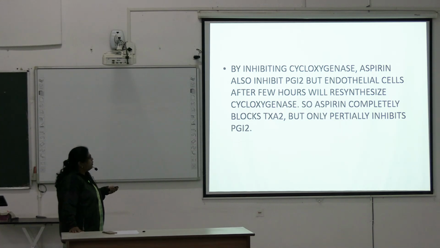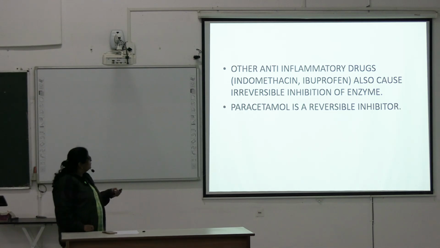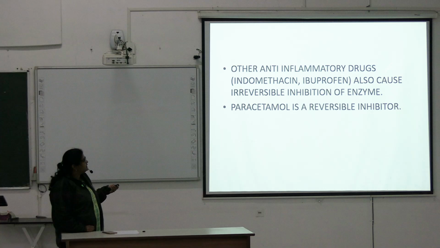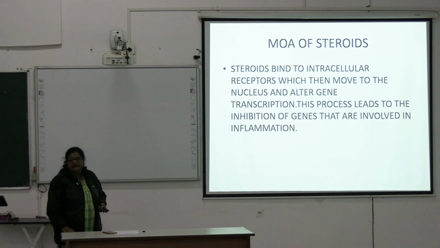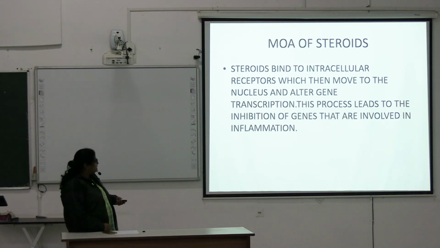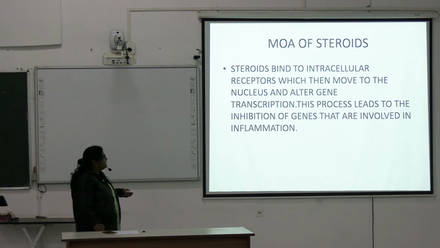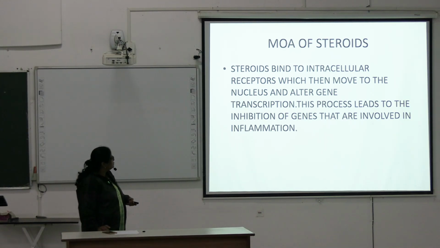So aspirin completely blocks thromboxane A2 but only partially inhibits PGI2. And other anti-inflammatory drugs also irreversibly inhibit this enzyme. Paracetamol is a reversible inhibitor, and the steroids act intracellularly, bind to receptors, go to the nucleus and inhibit the gene transcription and thus alter the inflammatory process. Okay?